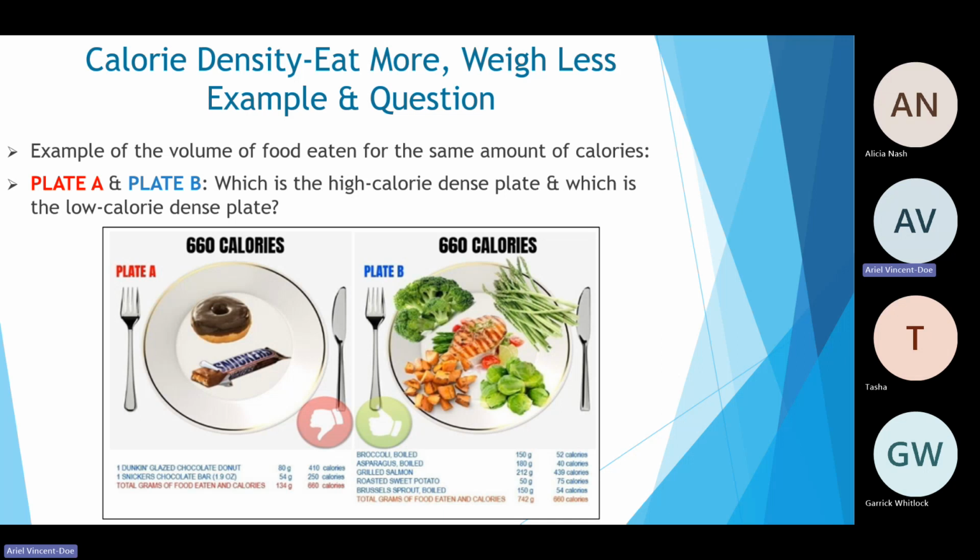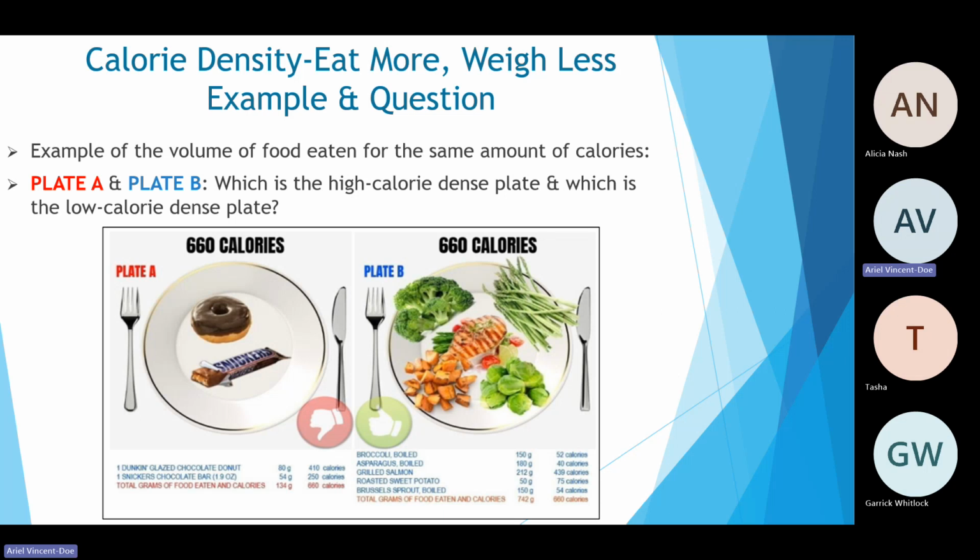All right, so here I have another example of what 660 calories looks like. There's two plates. We have plate A and plate B. If you look on plate A, there is a Dunkin' glazed chocolate donut and a Snickers bar. So that's 660 calories.